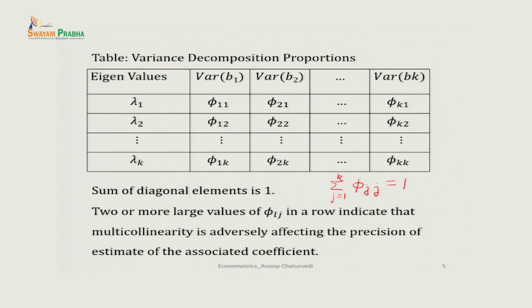Now, 2 or more large values of phi L j in a row indicate that multicollinearity is adversely affecting the precision of estimate of the associated coefficient. So, if we consider any particular row, suppose we consider this row.